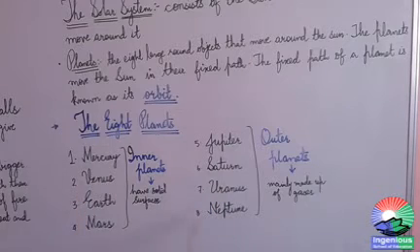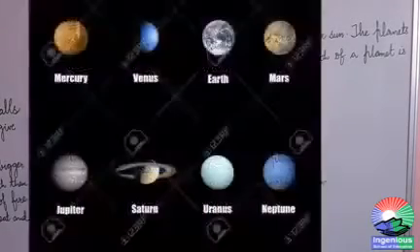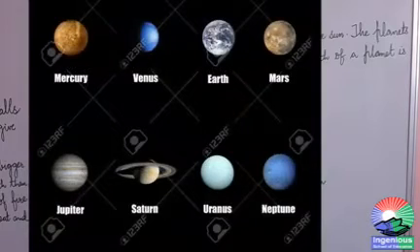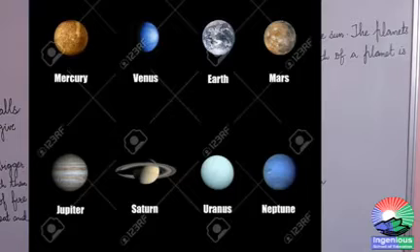These are the 8 planets of our solar system, and they move around the sun.